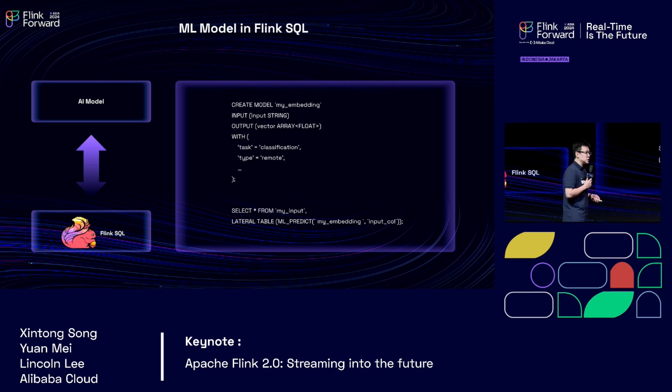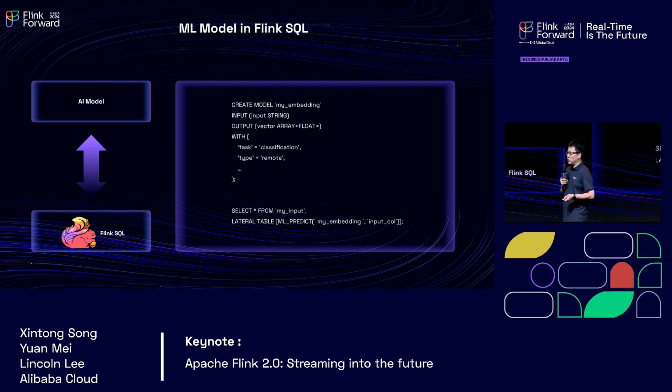So now Flink users can just use Flink SQL to create a model, just like creating a catalog. So we can define the input and output data structures of the model, as well as some model-specific arguments. And after defining this model, we can invoke it inside Flink SQL, just like using a function or table functions.